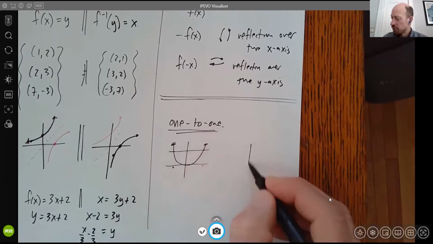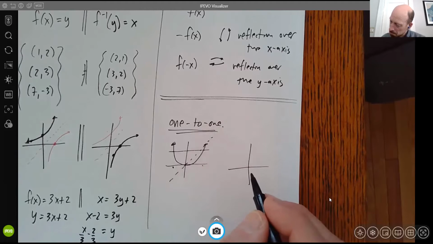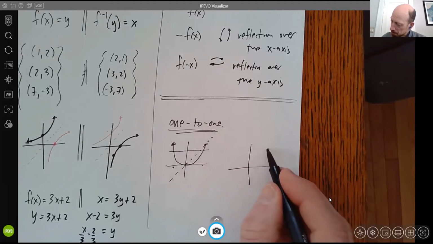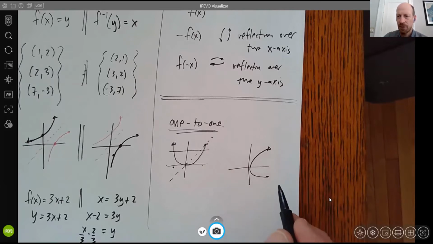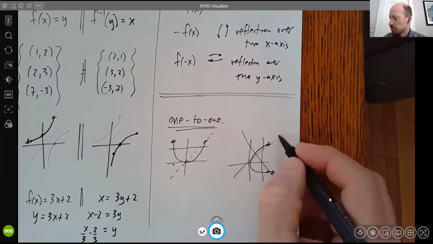If you tried to flip that, it looks something like that. It's a little bit of an art problem, to figure out what the right flip is sometimes. And you can see the problem, right? This is no longer a function.